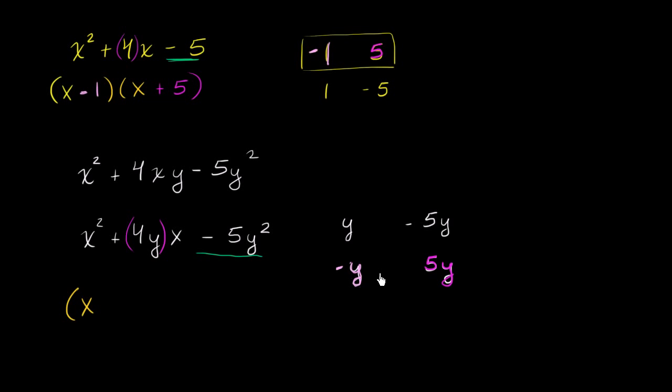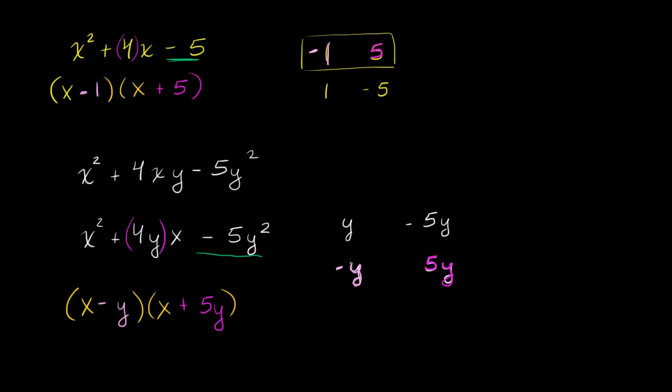Here we factored into a negative y and 5y. So instead of a negative 1, it's going to be a negative y, x minus y, times x plus 5y. And we can verify that when you multiply this out, it indeed does equal x squared plus 4xy minus 5y squared.